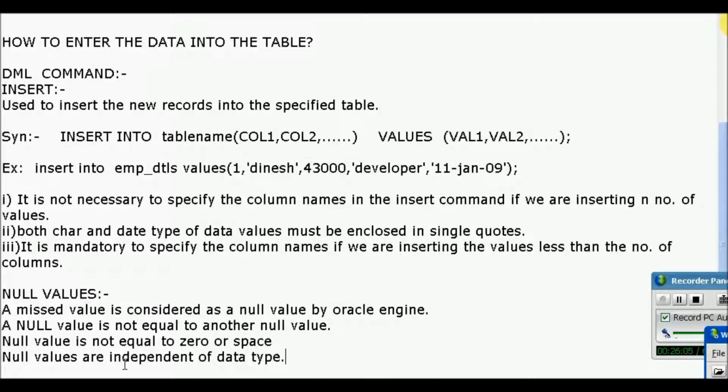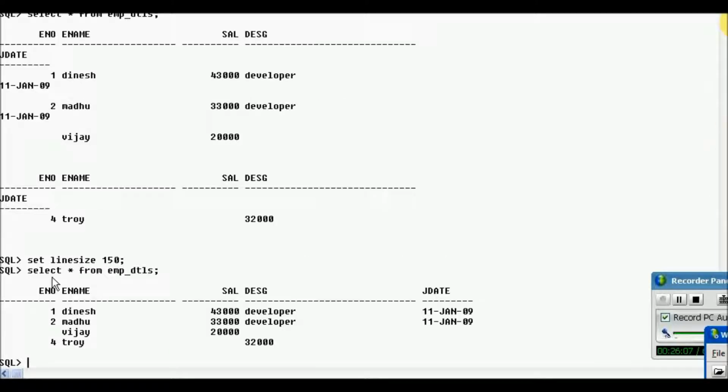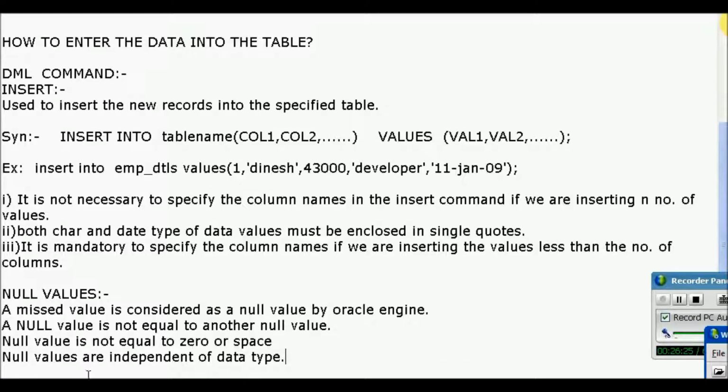What is meant by independent of data type? Here we have different types of columns: number type columns, character type columns, date type columns. So in any data type column, a null value may exist. That's why null values are independent of data type.